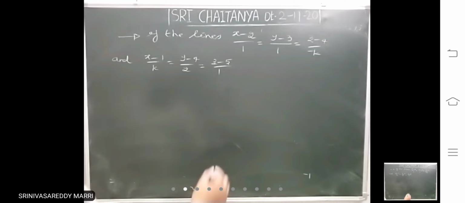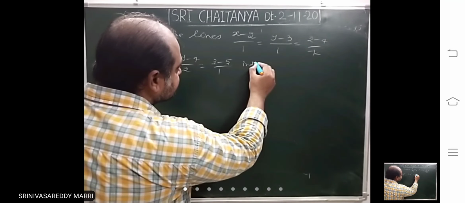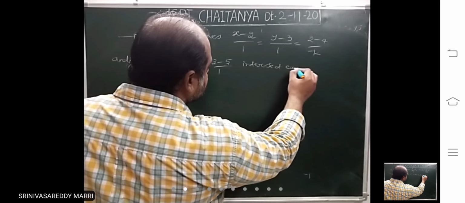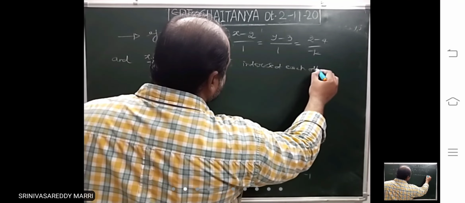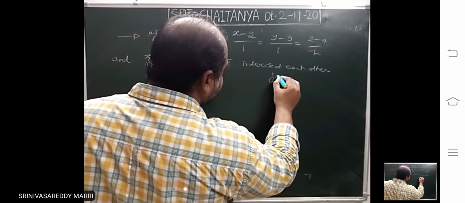Two lines are given. If the lines intersect each other, find k.